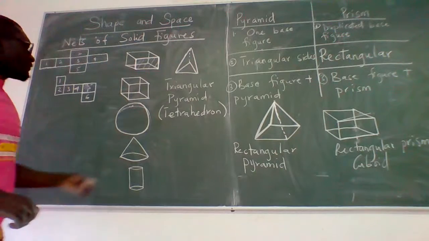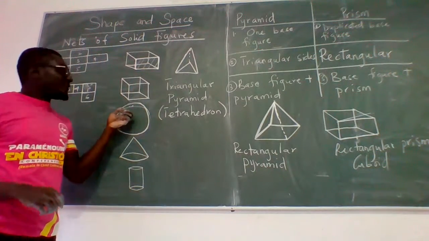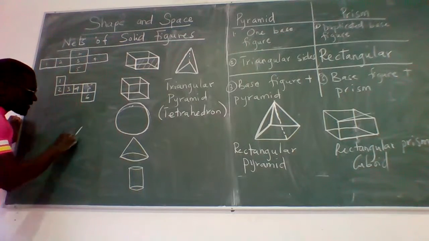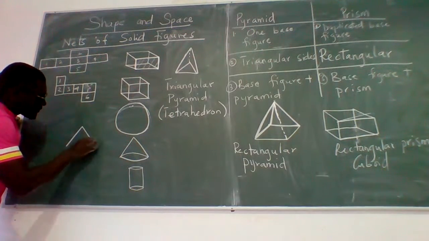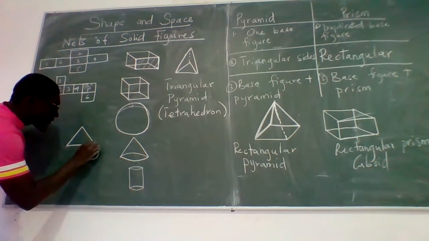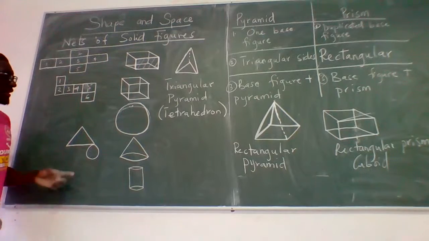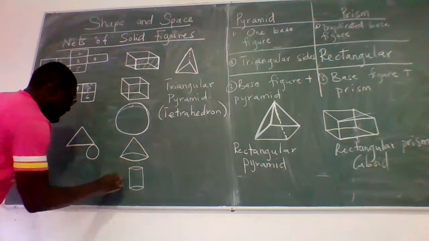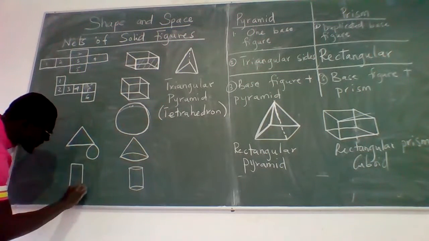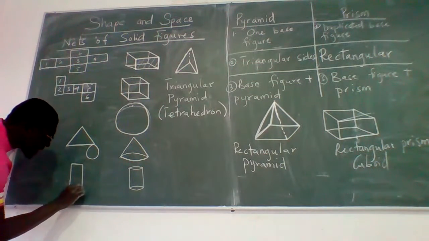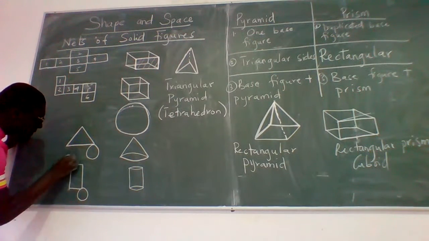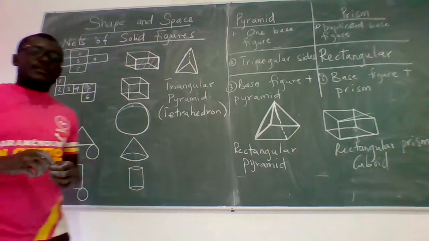Okay. I will leave the sphere for you to give me the net, and then for the cone, we are going to get something like this. And then for the cylinder, you are going to get something like this, okay.